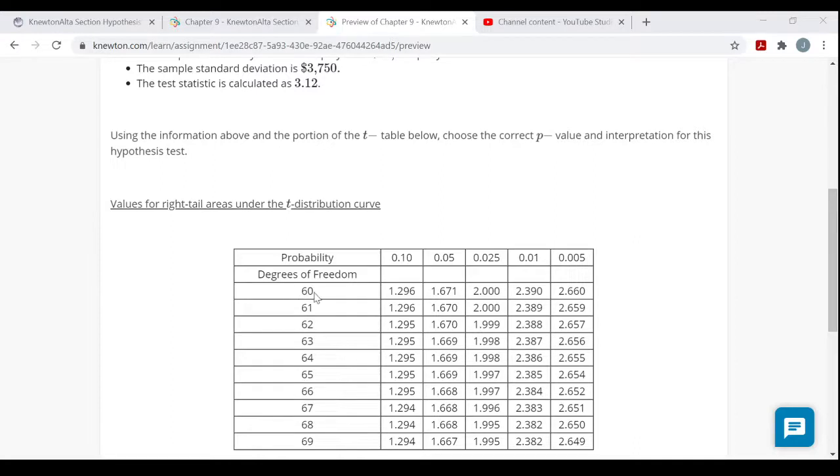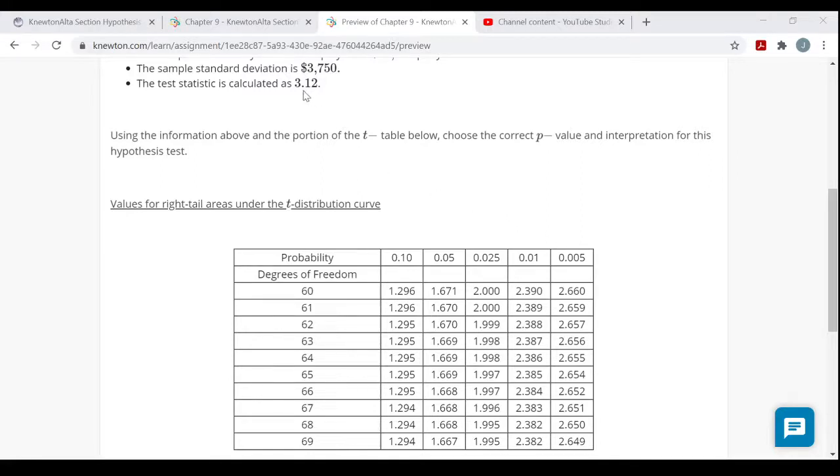And for a t-distribution with 60 degrees of freedom, a t-score of 1.296 has 10% to the right. A t-score of 1.671 has 5% to the right. A t-score of 2 has 2.5% to the right. And all the way at the end here, a t-score of 2.66 has 0.5% to the right.